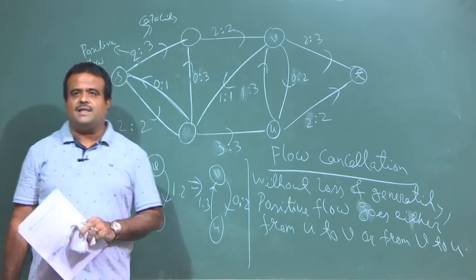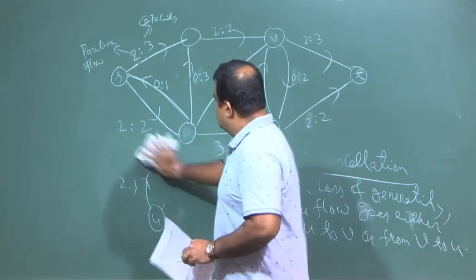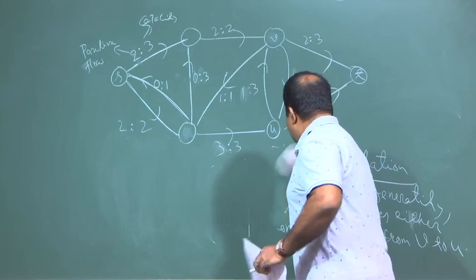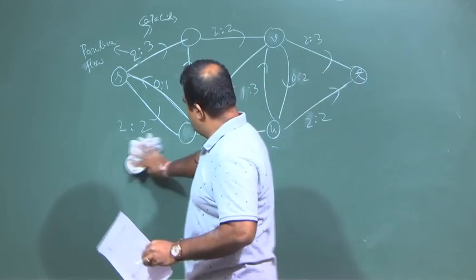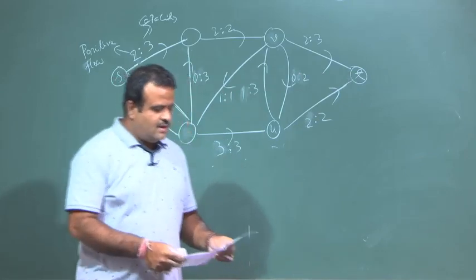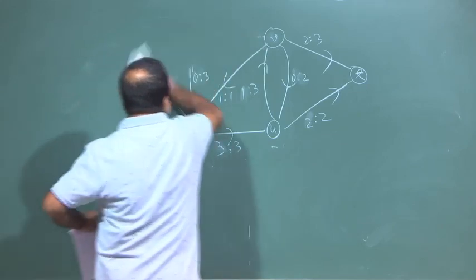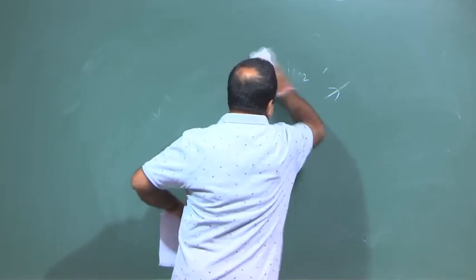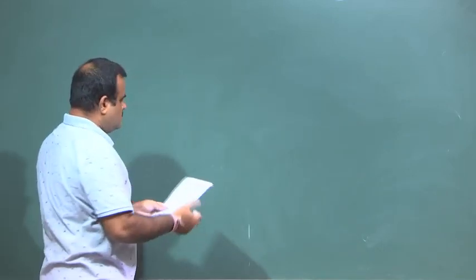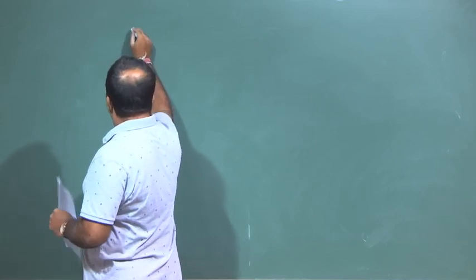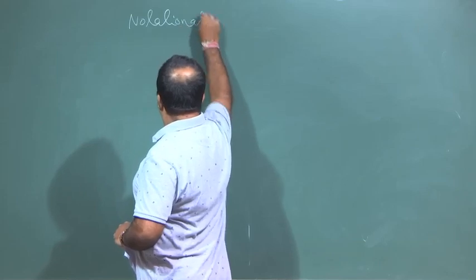So, we want to define the net flow. This is the notational simplification.